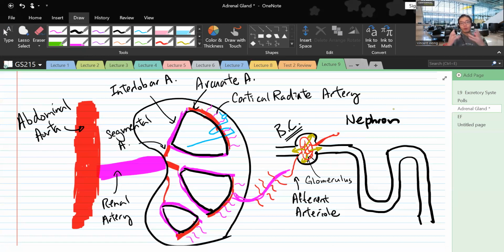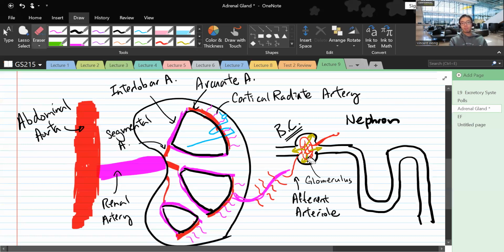It's not the actual blood that gets pushed out, but the components of the blood: the fluid component, which might contain waste product, and might even contain nutrients, as we'll see. But the point is, as the blood is forced through the glomerulus, you have all these things coming out from it. And everything that comes out from the glomerulus will be captured by the Bowman's capsule. This ball here in the nephron will catch everything that comes out from the glomerulus.